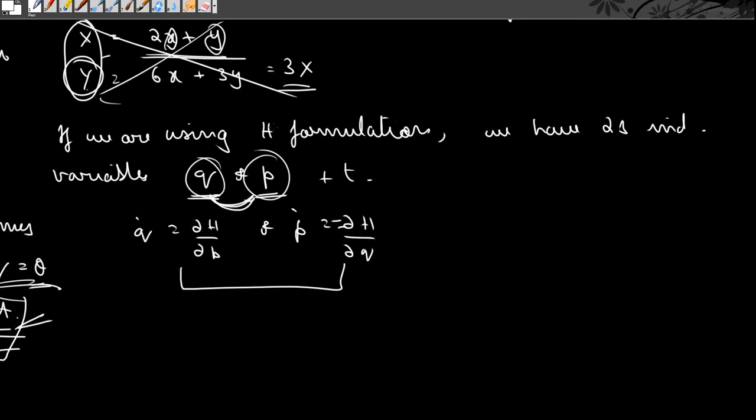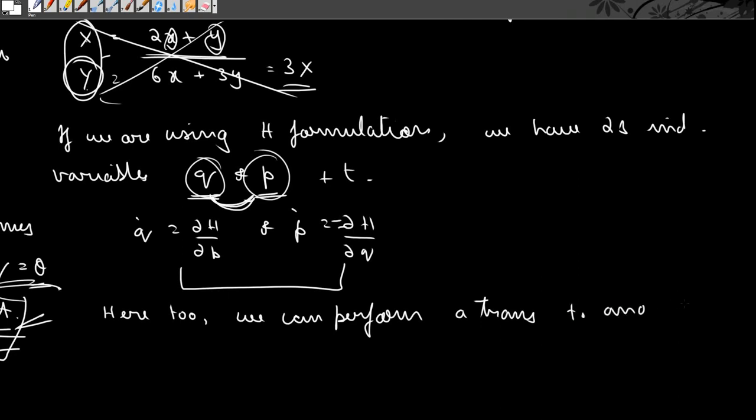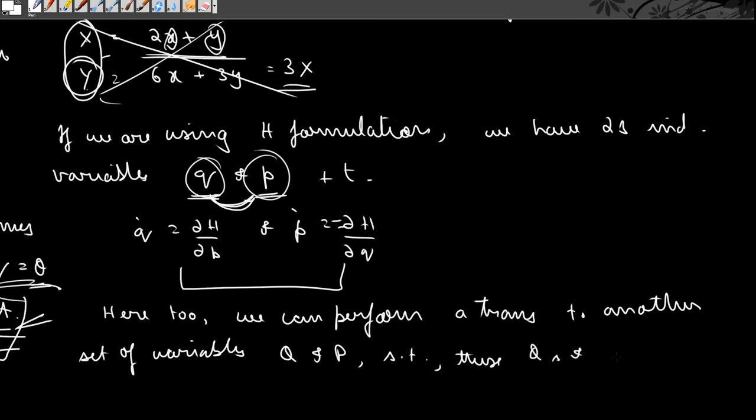So here too we can perform a transformation to another set of variables, which I am going to call Q and P, such that these Q's and P's describe the system equivalently well.